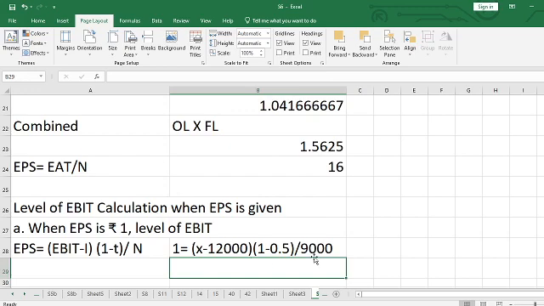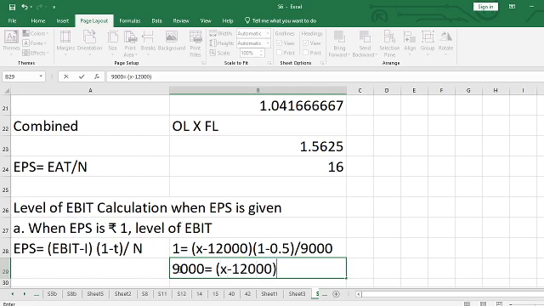So first we need to take 9,000 to the left hand side. So 9,000 is equal to X minus 12,000, and 1 minus 0.5 will give you 0.5.